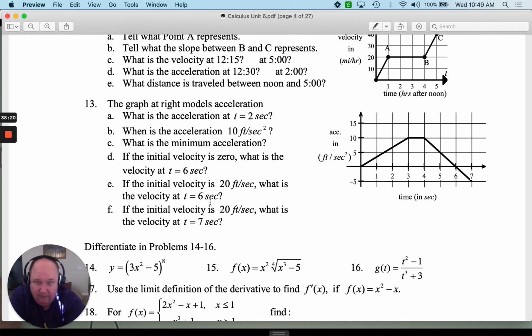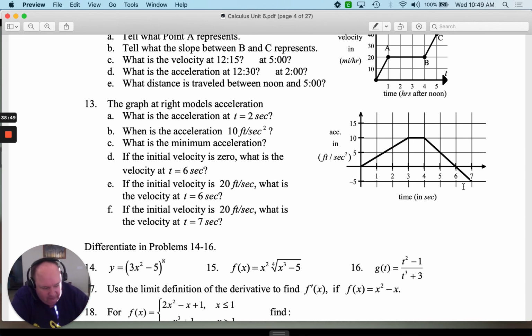Well, already up to 6, we know it's 55, and then you just integrate from 6 to 7. Now be careful, because from 6 to 7, it's negative. So what's this triangle? The base is 1 and -5. So if I put that together, it's going to be subtracting because you're slowing down.